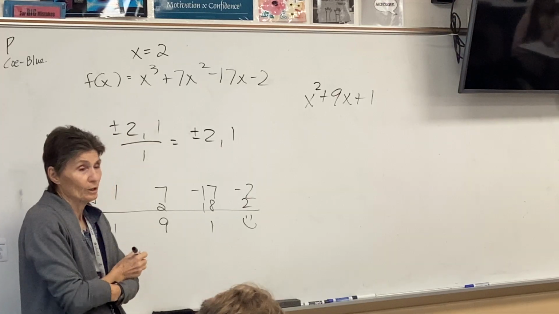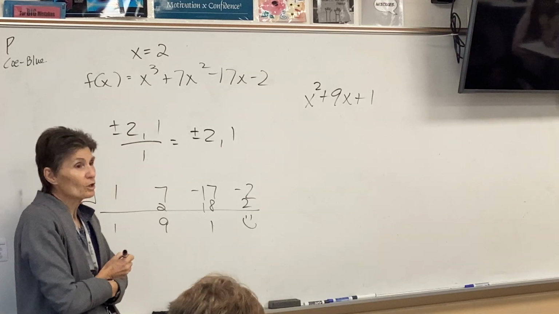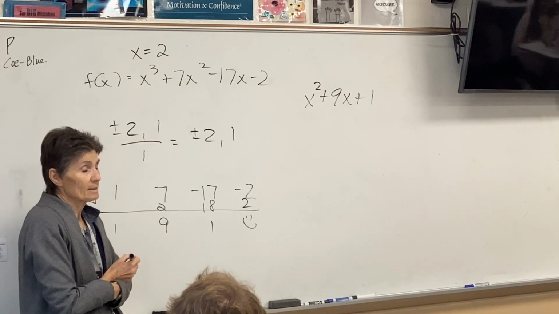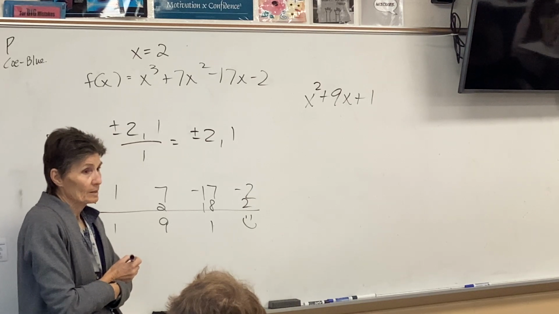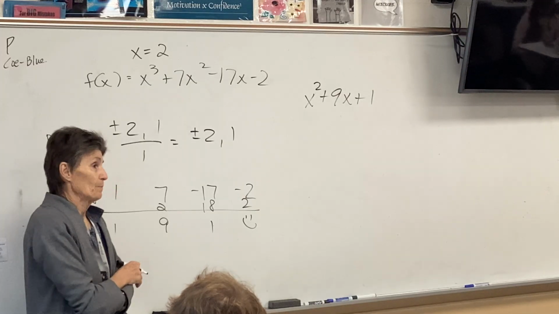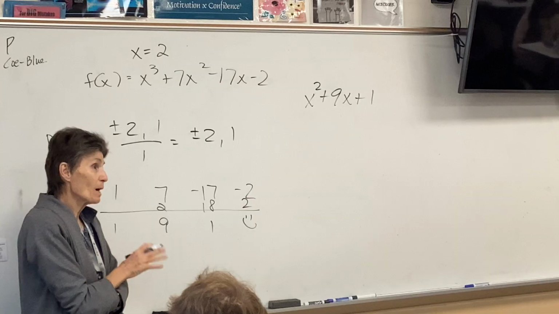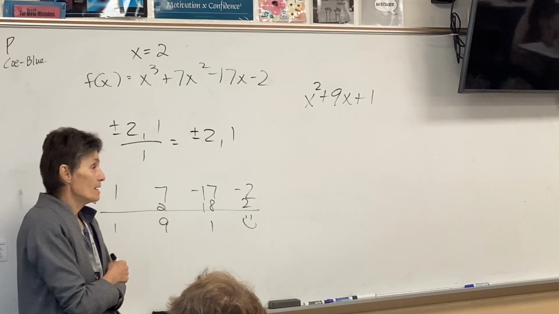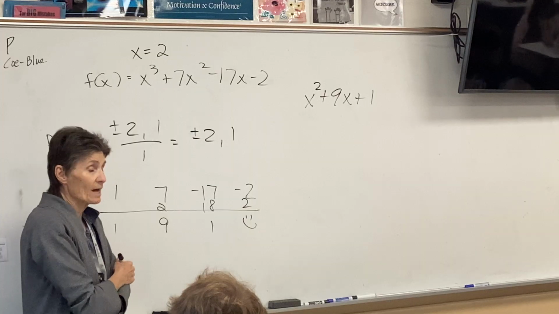What do we usually do here? Usually we factor. But this one doesn't. Most of them do, but on every practice test, we run into one problem that doesn't factor. And what do we have to do if it doesn't factor?